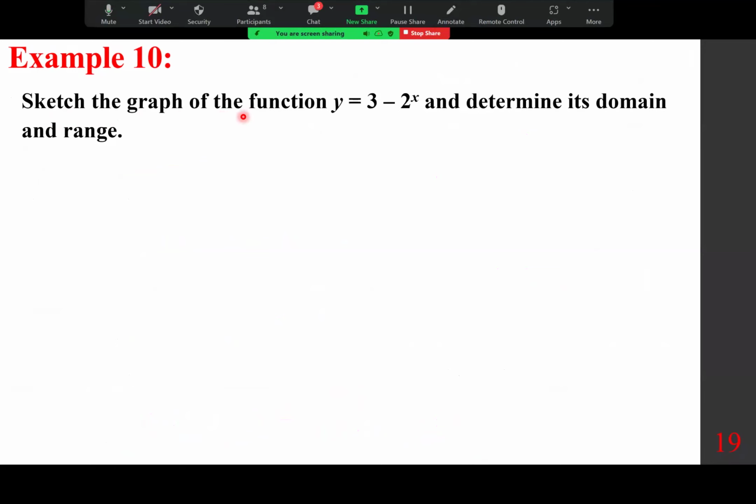Example 10, sketch the graph of the function y equals 3 minus 2 to the power of x and determine its domain and range. So we start with 2 to the power of x, which is very obvious. It's one of those elementary functions. We should be very comfortable.